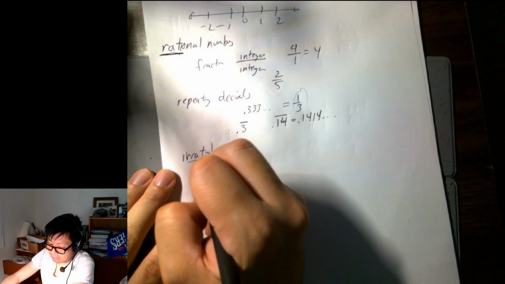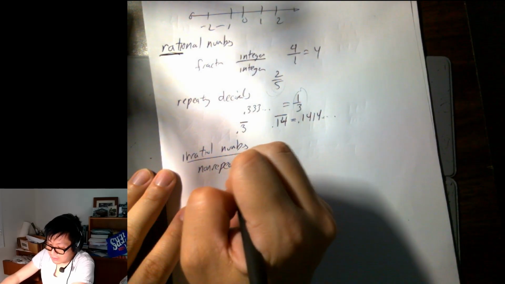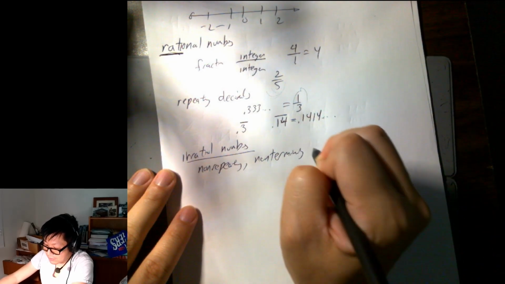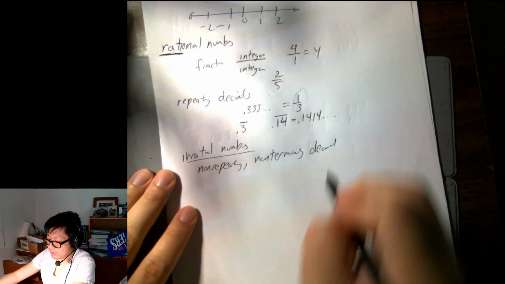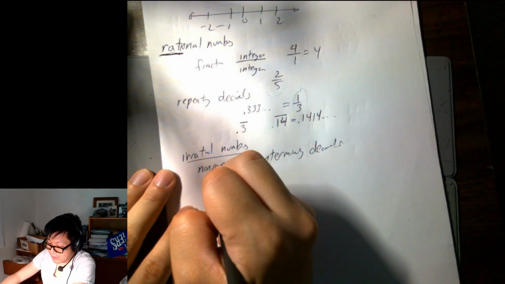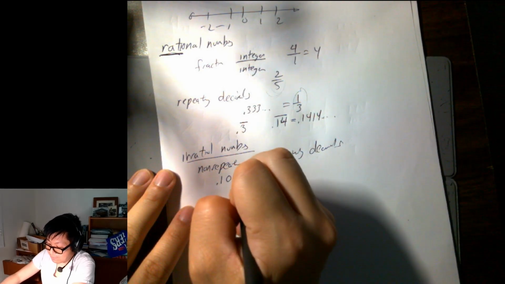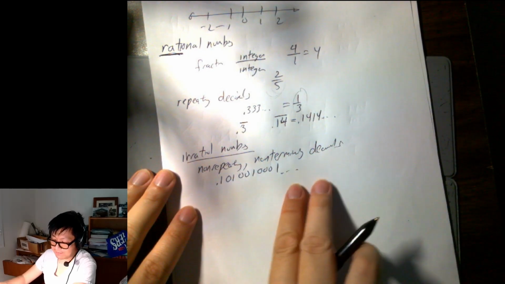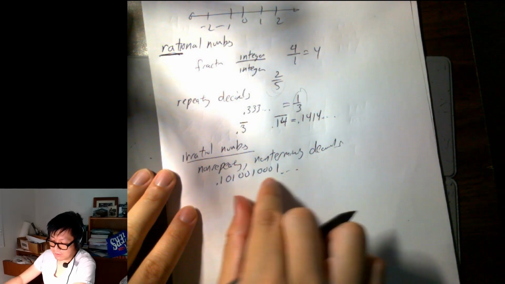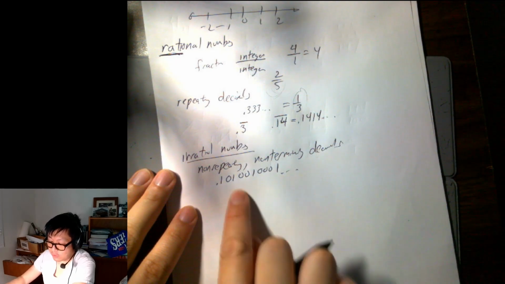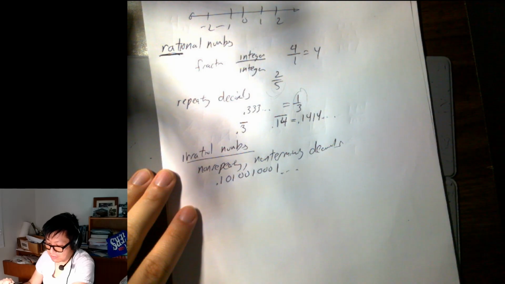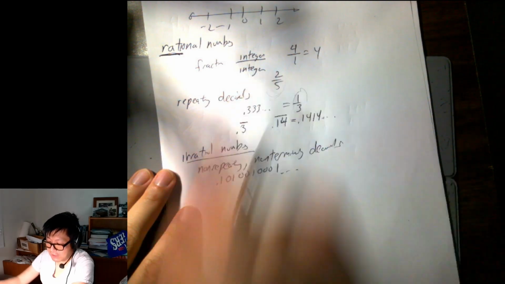These can be non-repeating, non-terminating decimals. So what does that look like? It could be something that has a pattern but does not repeat. I'm adding a 0 in between each one every time, but there's no way for me to write this as a rational number, as a ratio of integers.